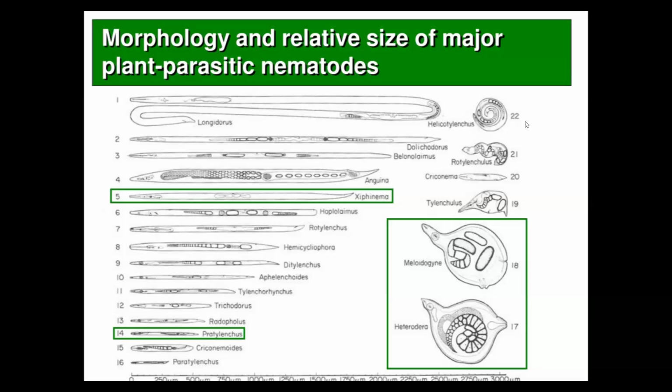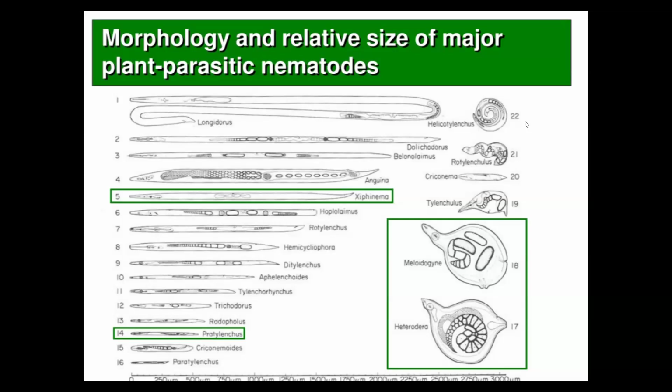That looks to me like a kidney, sort of. Look at number 19, Tylenculus. It doesn't look to me like a worm. It looks like a lung of some sort. Look at Melodogine and Heterodera, 18 and 17. They look like an apple or orange. In fact, the word Melodogine is gotten from the description of an apple.